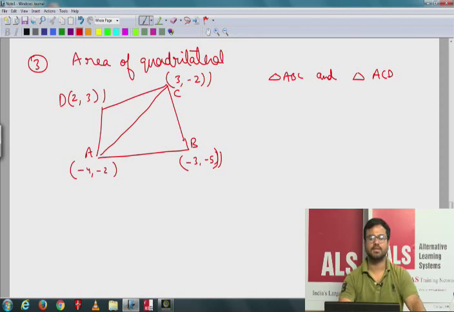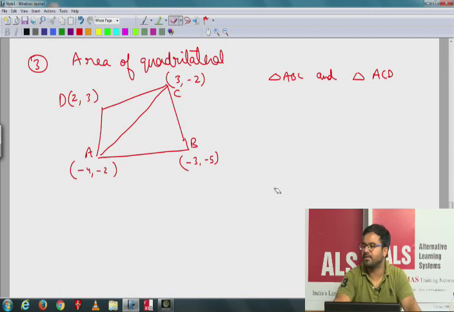So these are the vertices. Try to find the area for this one. Coordinates of the four vertices are given, so try to find the area for both the triangles and then add them up.